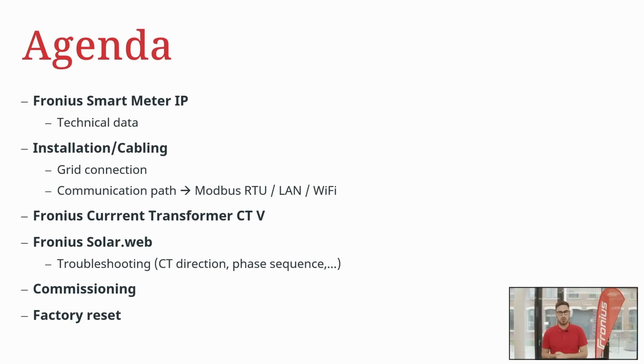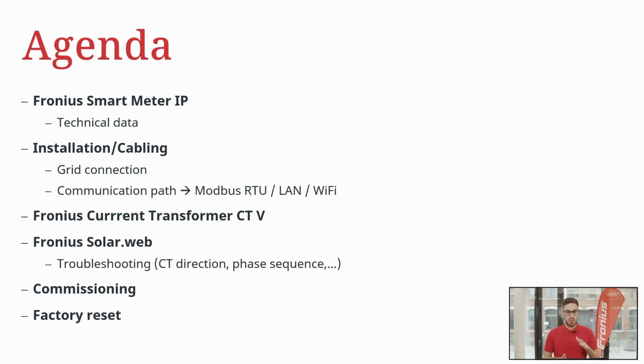Let's have a short look at today's agenda and what we are going to talk about. First of all, we will talk in general about the Fronius Smart Meter IP. We will have a look at all the technical data and all the information that you need about the new device. Then, in the next step, I will switch to the installation and cabling.